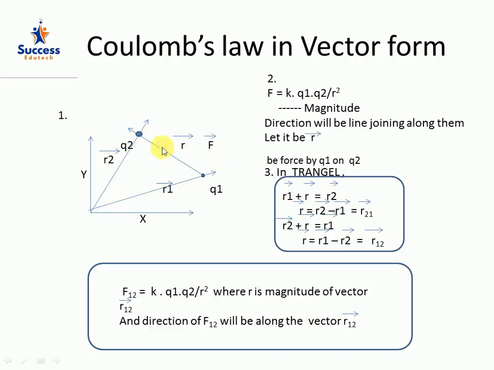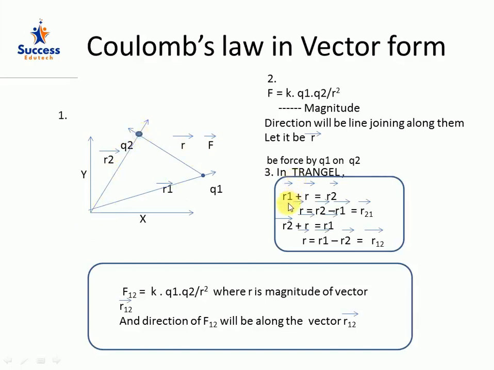First is from this part and second is from this part. That is, R1 plus r, if we add this position vector up to Q2, then we can also find that R2 is also a way to reach Q2.